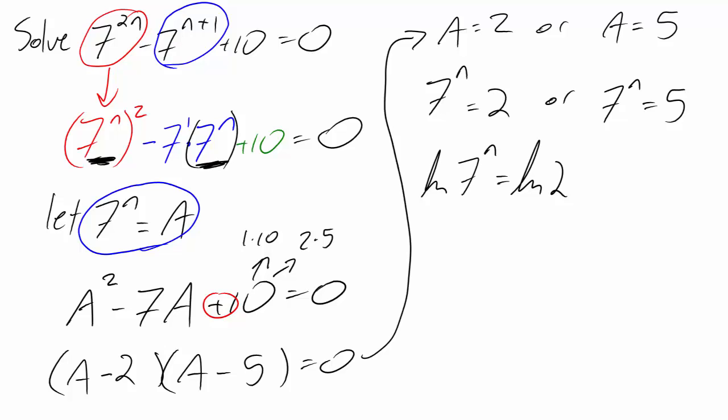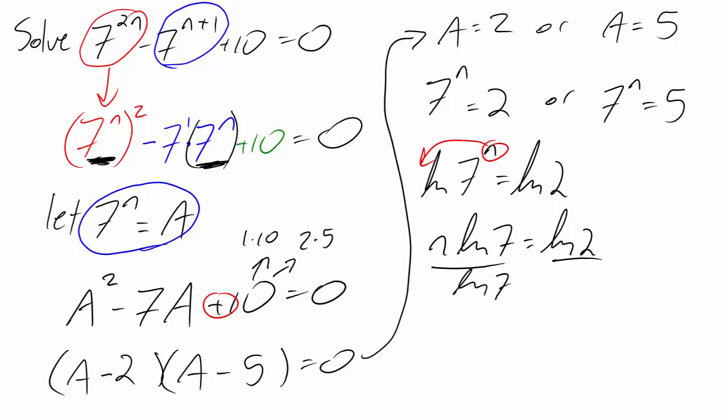So we're going to move that n down in front of that natural log of 7. So that leaves us with n times the natural log of 7 to equal the natural log of 2. And then we're just going to divide out both sides by natural log 7. So we get n equals natural log of 2 over the natural log of 7.